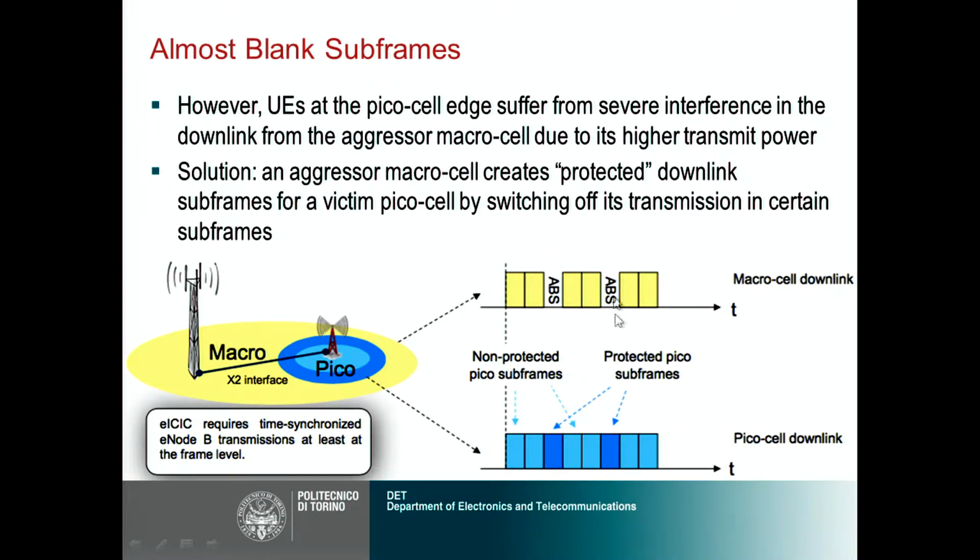What it's doing is lowering its power. In this way, the macro cell will assign these downlink resources where you have these almost blank subframes just to users that are nearby the macro cell and are capable of hearing these reduced power subframes. And it will tell the picocell, look, in these subframes I am transmitting at reduced power. You can use the subframes for your downlink transmission.